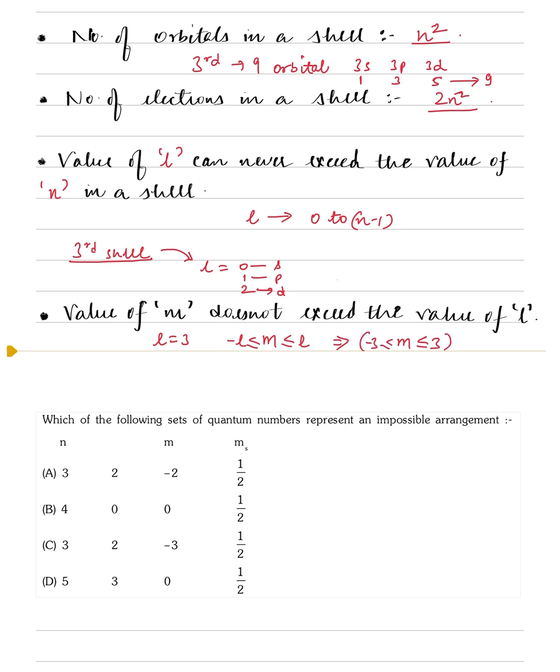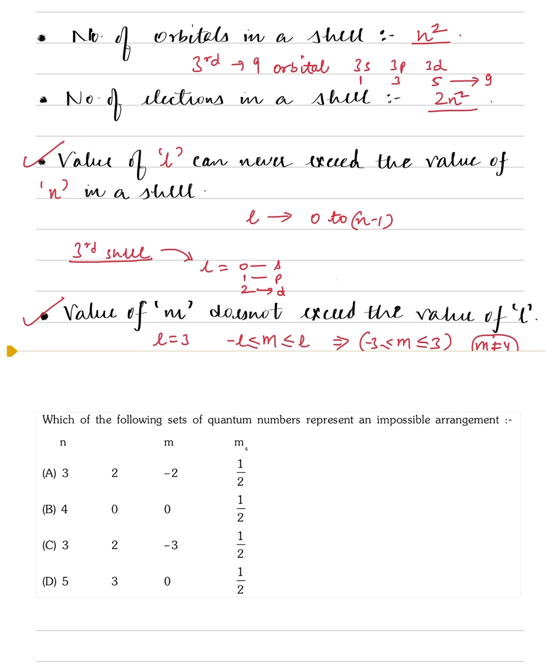This is the range of the value of M. That means here if L is equal to 3, M can never be equal to 4, or greater than 3, right? So these last two points are very important in solving problems.